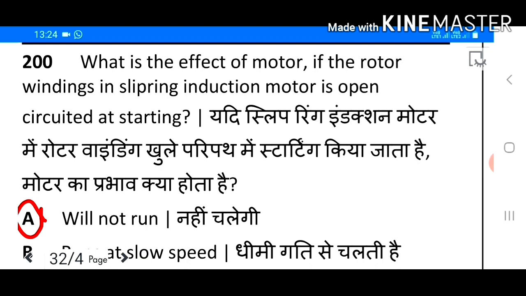What is the effect of motor if the rotor windings in slip ring induction motor is open circuited at starting? Answer A. Will not run.